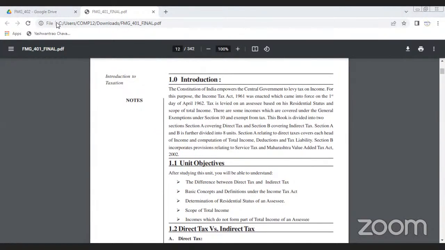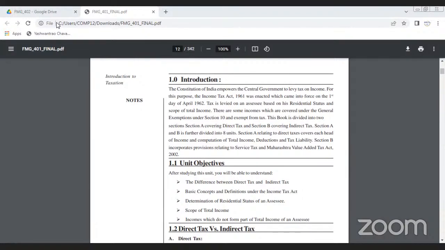In the introduction, the Constitution of India empowered the central government to levy tax on income. For the purpose of this, the Income Tax Act 1961 was enacted, which came into force on the first day of April. Tax is levied on an assessee based on his residential status and the scope of total income.